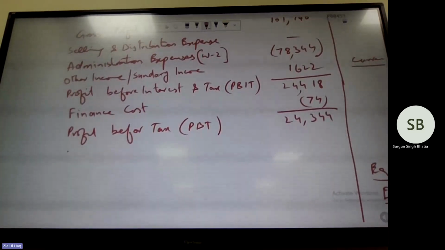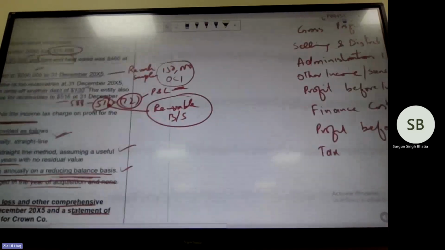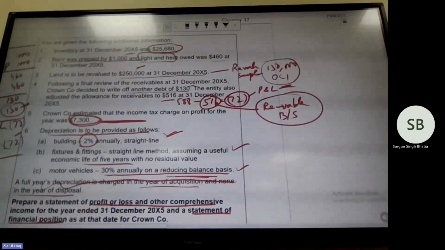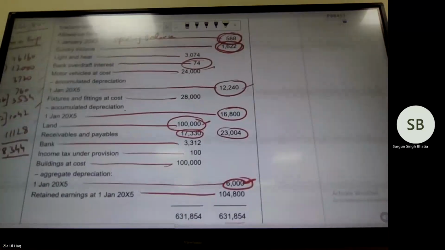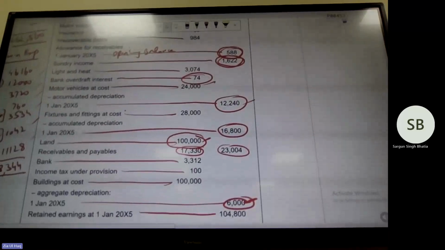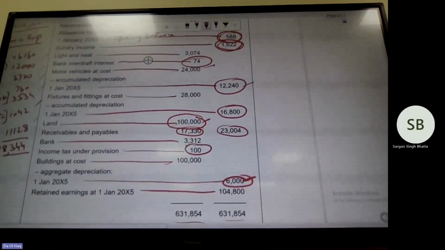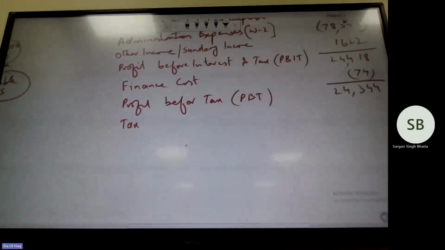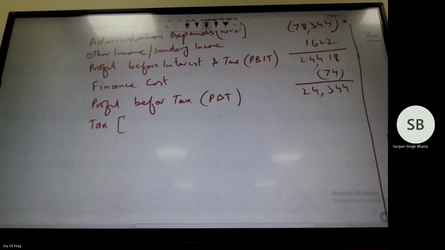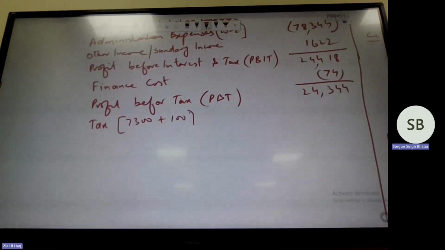And then we need to deduct tax. What is the current year tax figure? Current year tax figure is 7,300, but there is some under provision of 100. Whether we need to add under provision or deduct it? We need to add it to the provision.